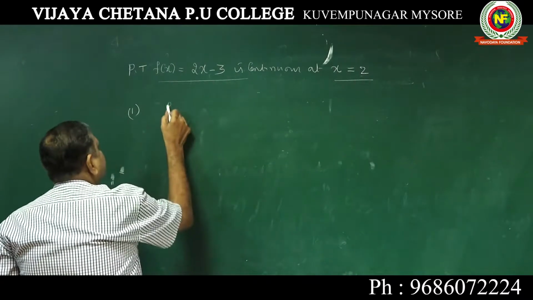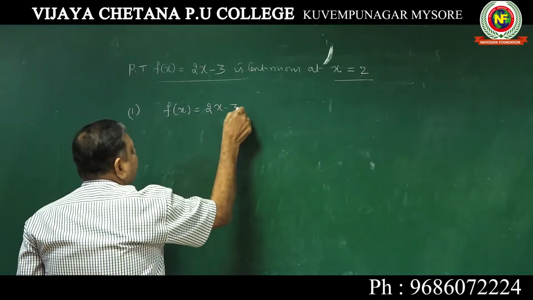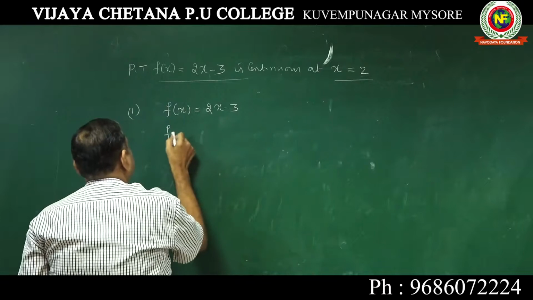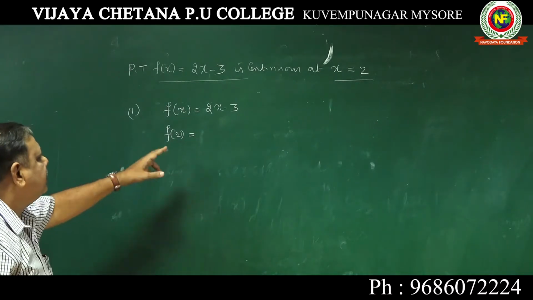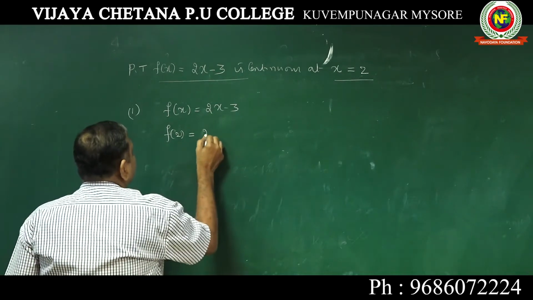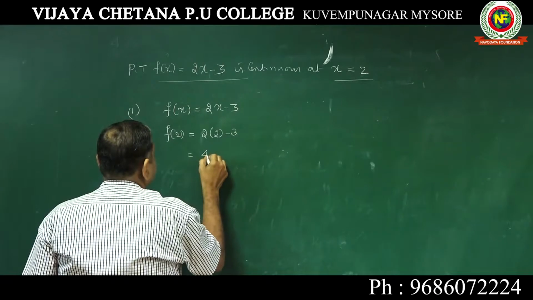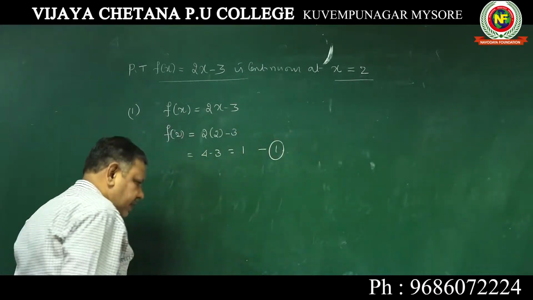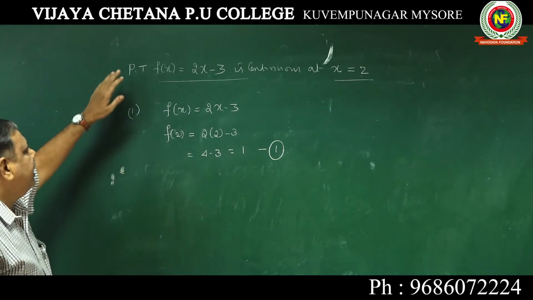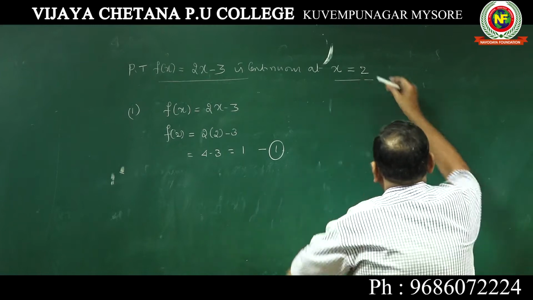Now you write f of x is equal to 2x minus 3. Find f of 2. It is defined at x equal to 2. That is 2 into 2 minus 3, 4 minus 3, call it equation number 1. Again, x equal to c equal to 2, this is c actually.